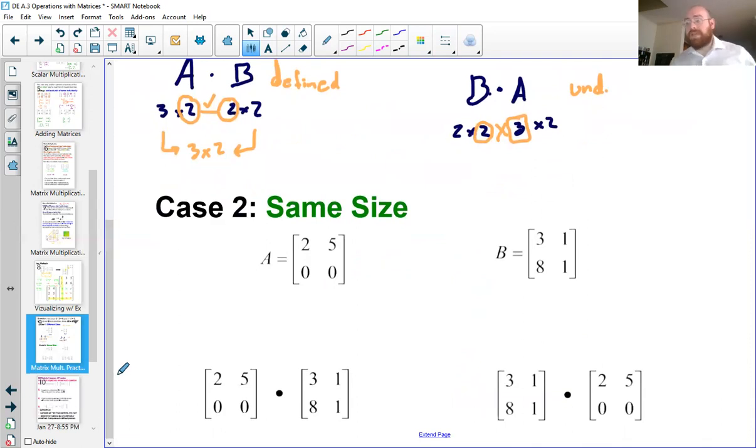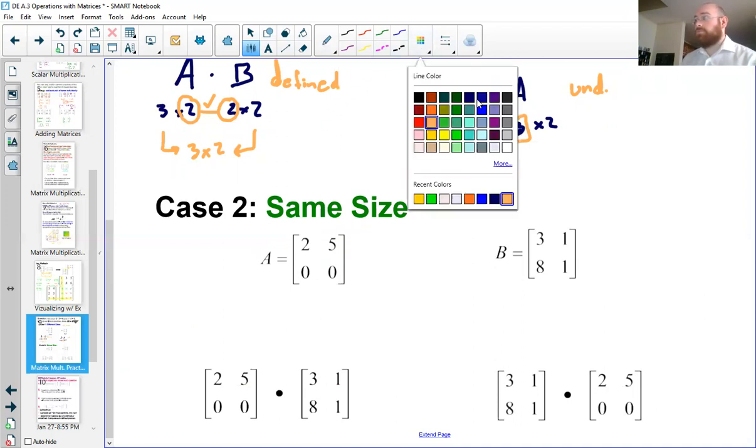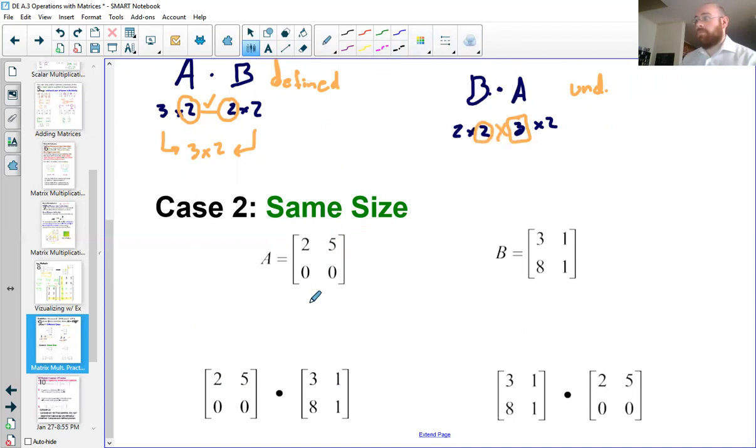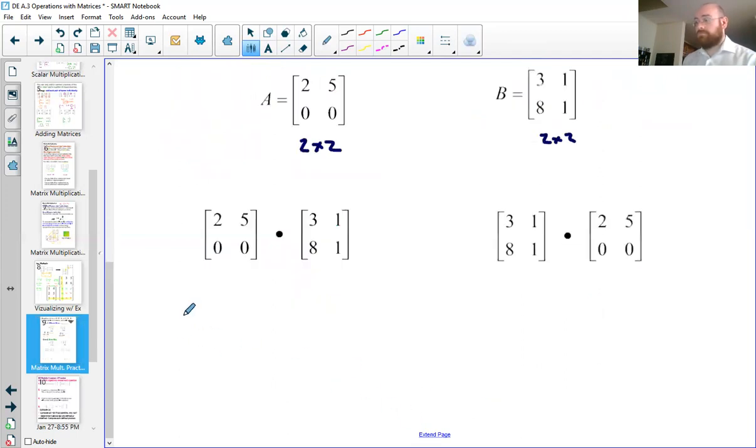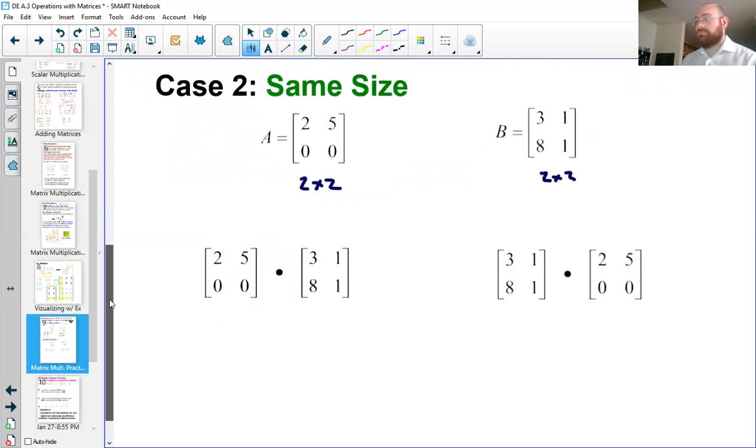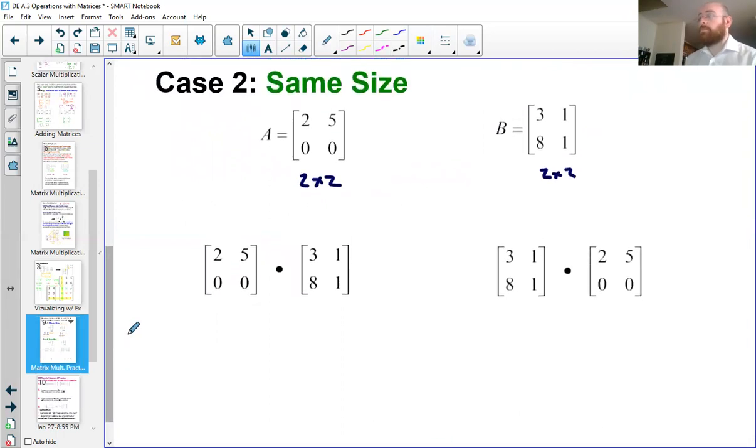Next, we have the case where they're the same size. So 2 by 2 and 2 by 2. And we know we can multiply it in both orders.